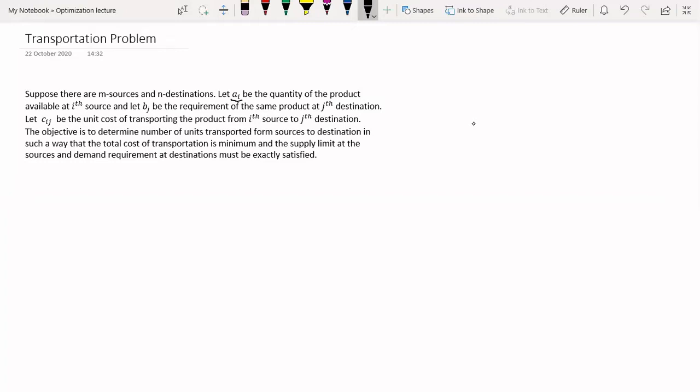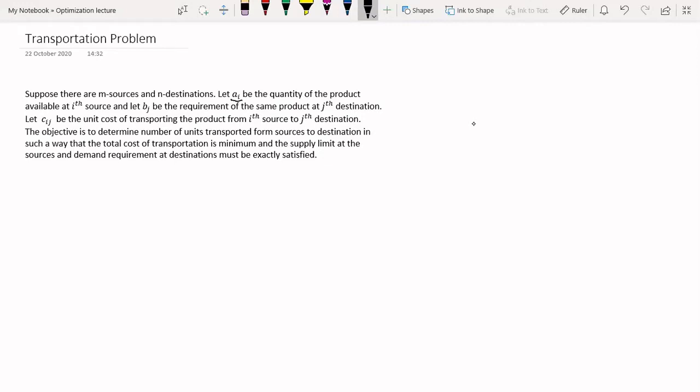Then our objective is to construct a transportation schedule that transports my products from sources to destinations in such a way that my overall cost of transportation is minimum, keeping in mind that the supply limits at sources and destinations must be exactly satisfied.